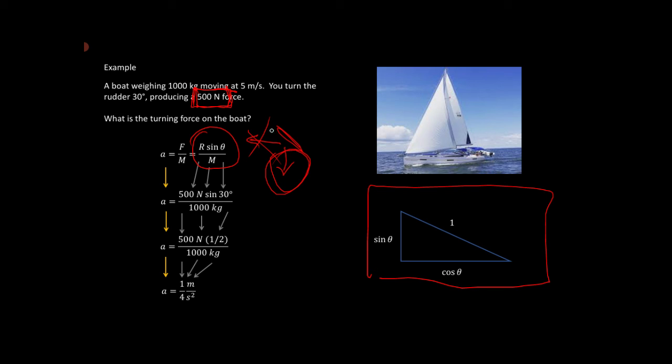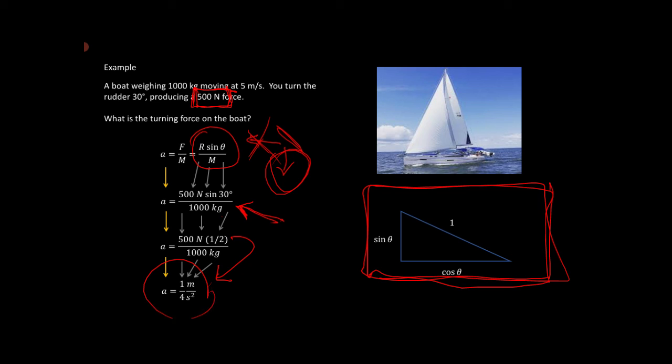To get rid of this part of the force, we use trigonometry. After using our trigonometry, we substituted in some values and did a little math, and then we were done. But we are going to need to use trigonometry a few times when we have two-dimensional motion.